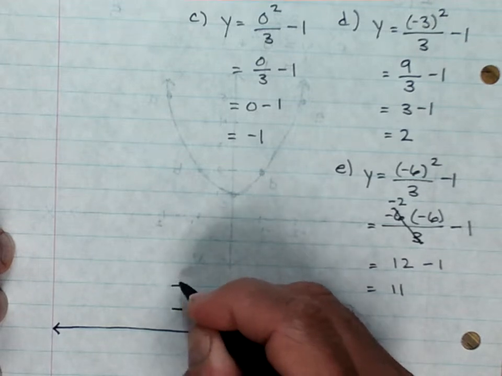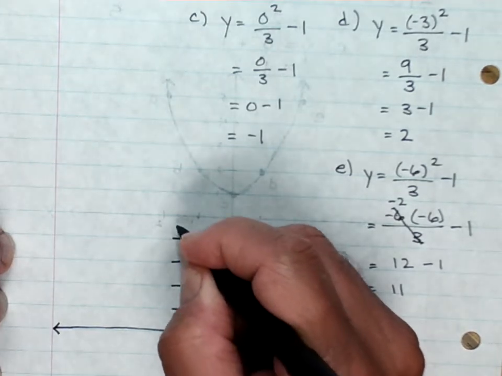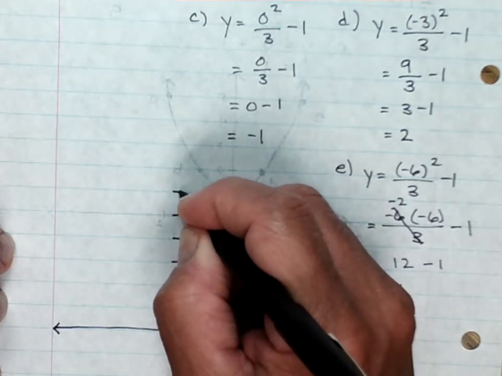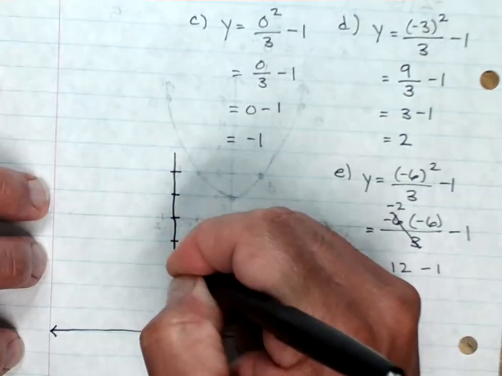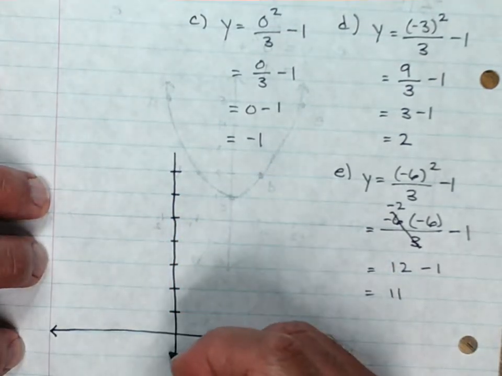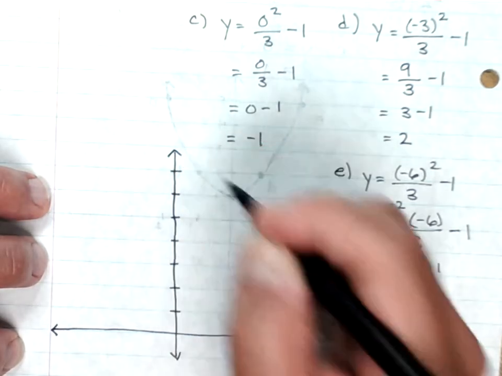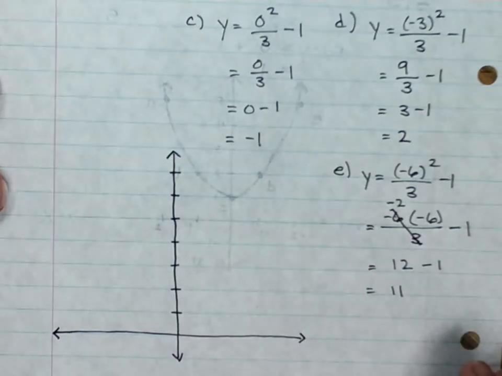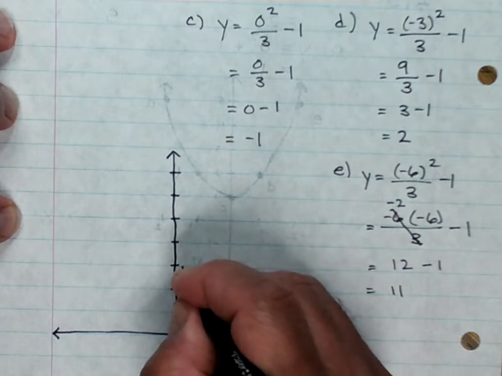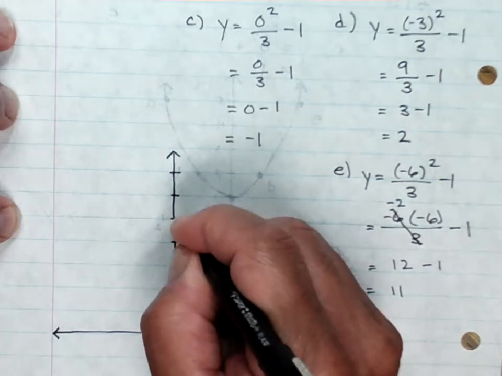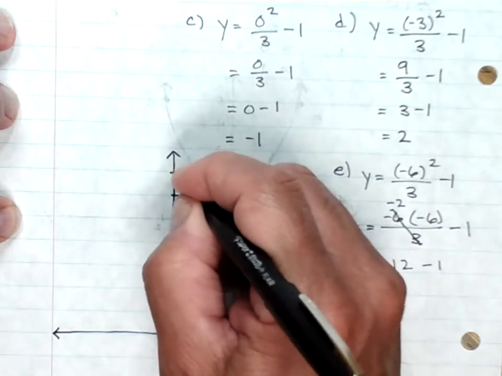This will be 3, 5, 7, 9, 11, 13. So again, 1, 3, 5, 7, 9, 11, 13.